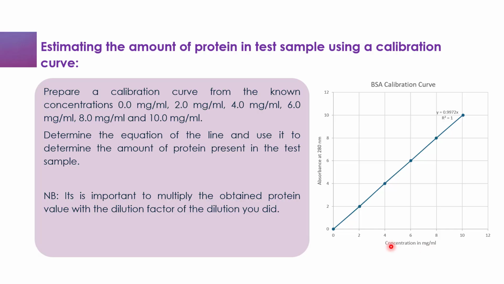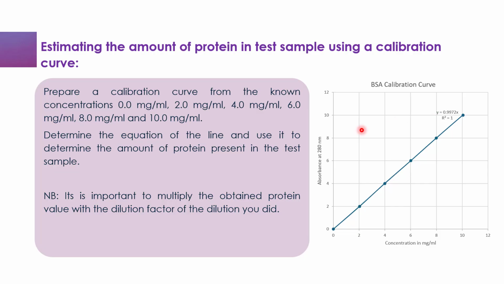If you want to determine the protein concentration of our test sample, what we have to do is make x the subject of this equation and place in the value for the absorbance of our test sample to determine the concentration.